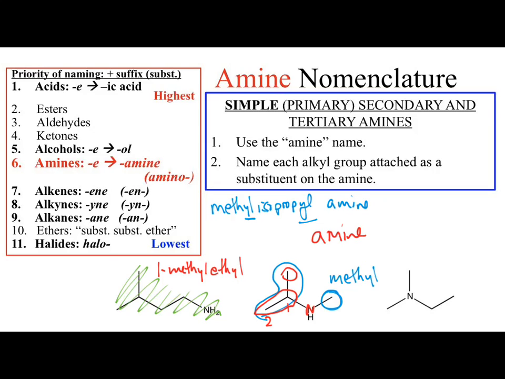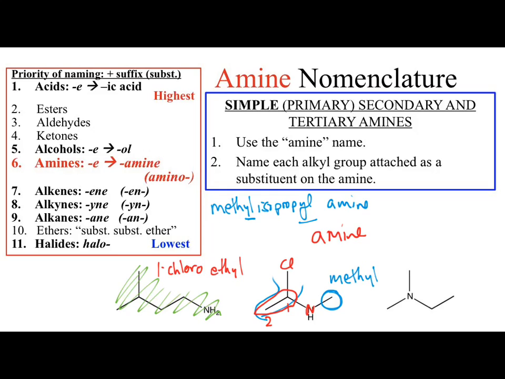So if the methyl was actually chlorine, it would be chloroethyl. I can do that swap pretty easily here: instead of a methyl, if that was a chlorine, we would then have 1-chloroethyl.